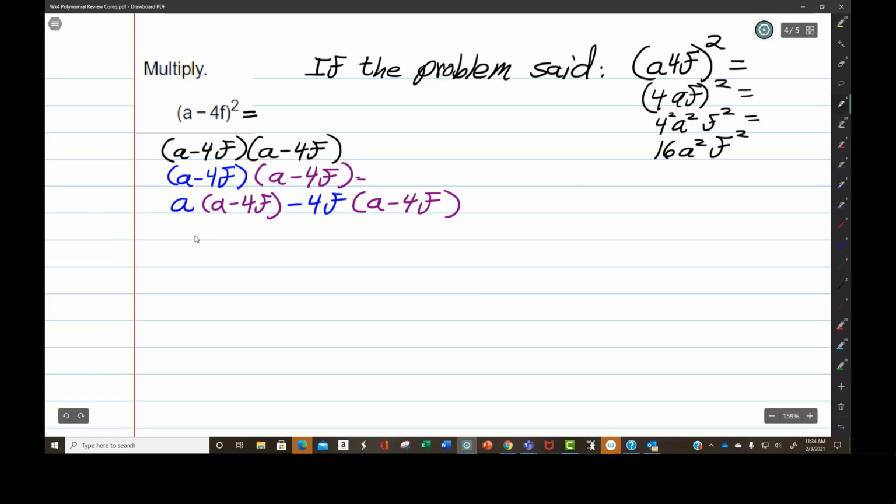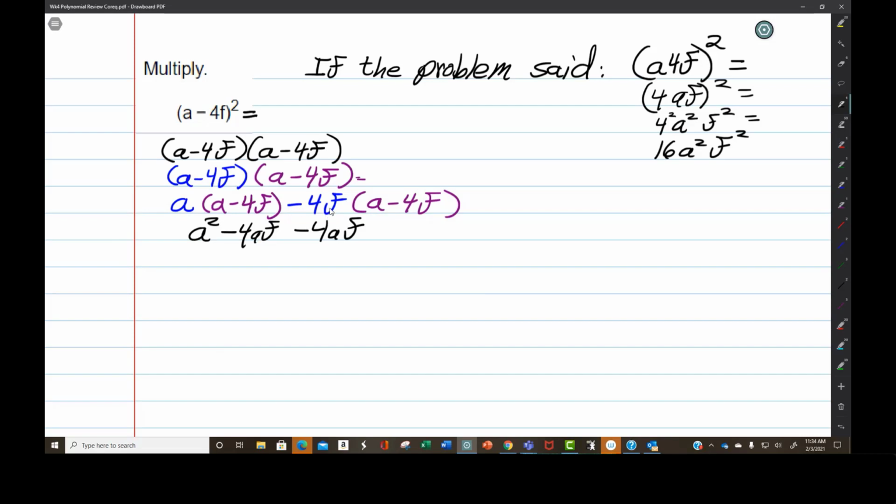Okay, A times A is A squared. A times minus 4F is minus 4AF. And over here, minus 4F times A is also minus 4AF.